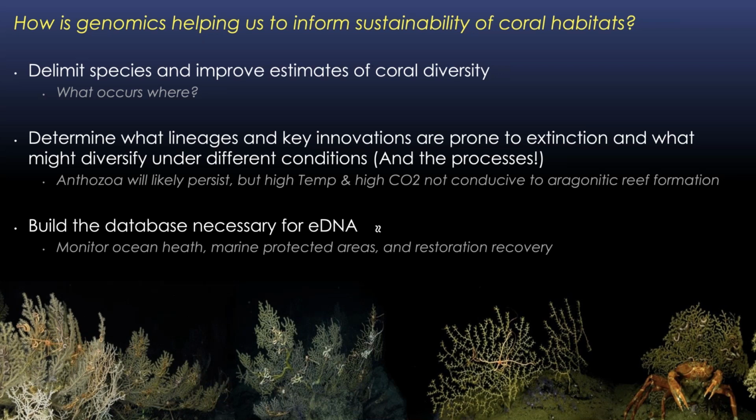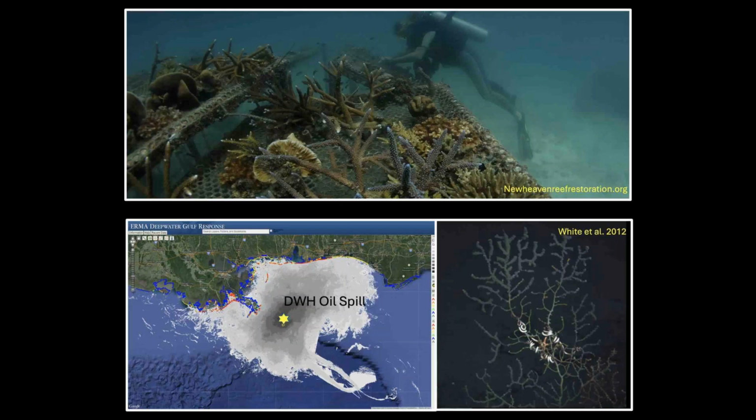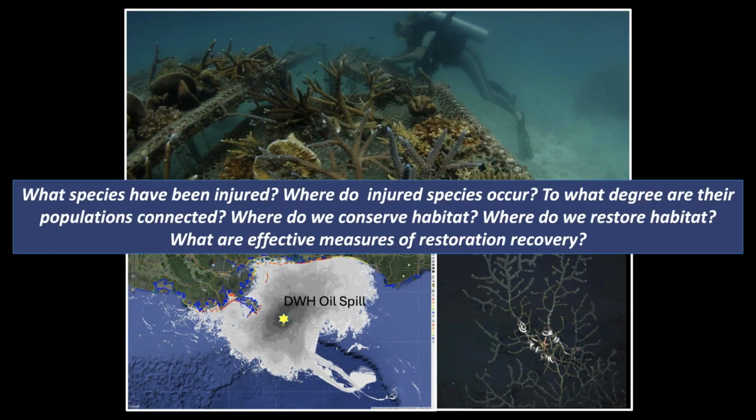We're also using genomics to build that database necessary for environmental DNA, which can help us to monitor ocean health, can help us to monitor marine protected areas, to determine species presence, absence, and hopefully changes in abundance over time. And it can help us to really monitor the effects of restoration recovery, which I think is becoming really more important across the world.